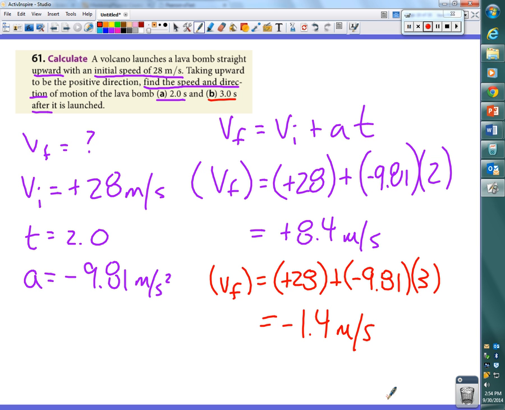The fact that it's negative 1.4 tells you what about this lava bomb? It's already reached the top and it's starting to come back down. So you can't change the equation, but you can plug negative numbers into that equation. Solve for what the final velocity is, the sign will tell you what you need to know. Okay?